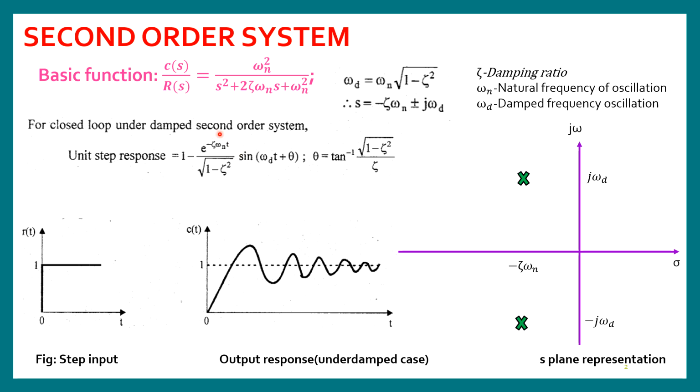The initial value can be calculated by substituting t as 0. When t is 0, e power 0 is 1, so the initial value is also 0. So this is the basic thing we need to revise in order to discuss about the effect of zero. So this is a general s-plane representation.